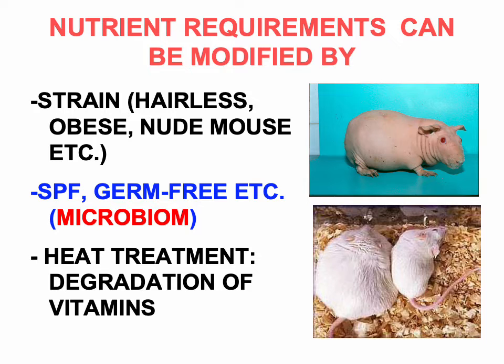See later. And very important, many times we need a heat treatment of the laboratory diets, which will degrade in a different degree the different vitamins and the minerals, mostly the vitamins.